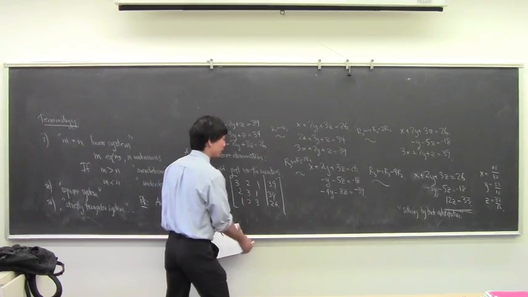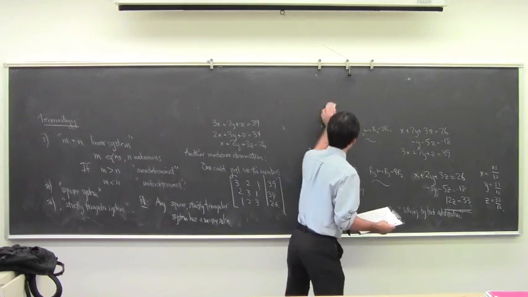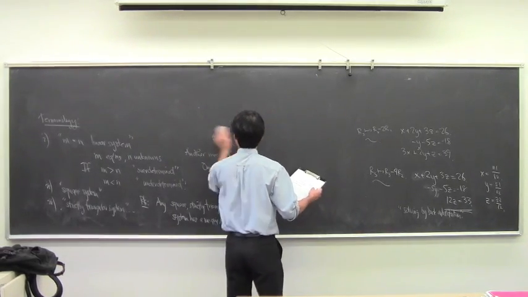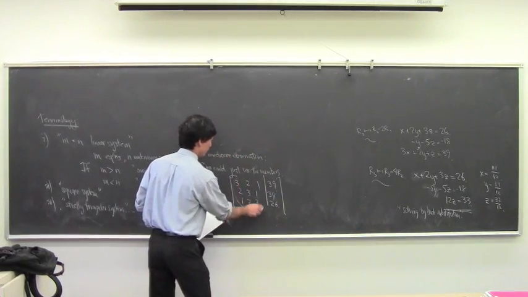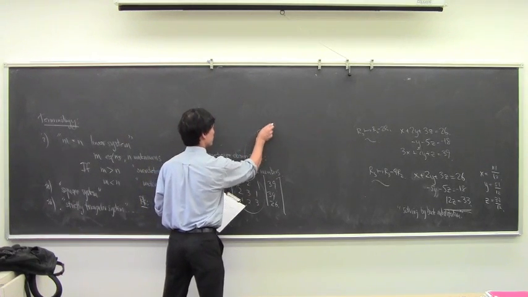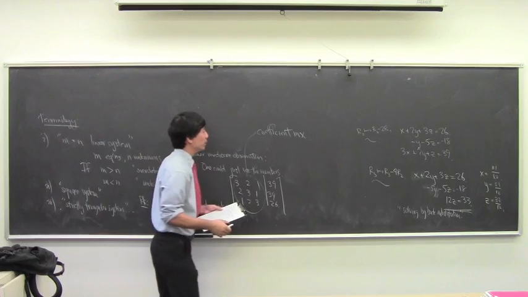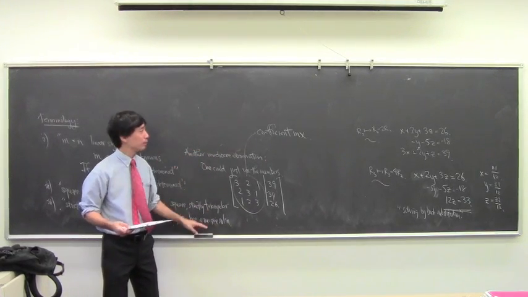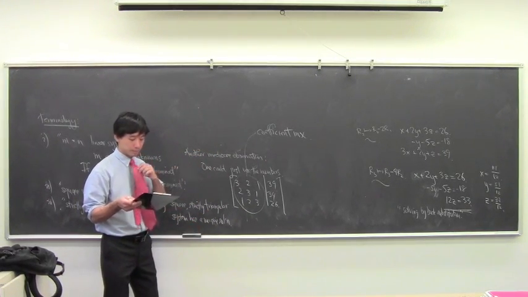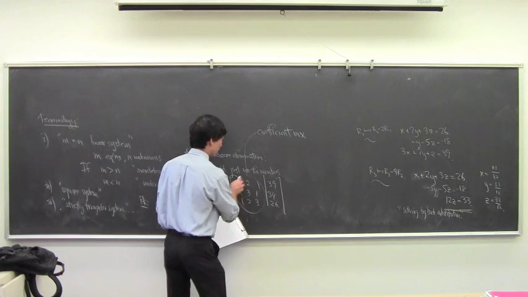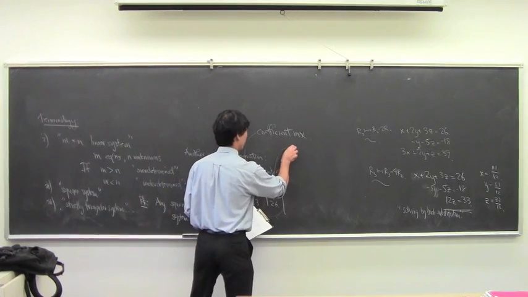This thing here on the left is called the coefficient matrix. And I always abbreviate, whenever I write mx, that means matrix. This whole thing here is called an augmented matrix.